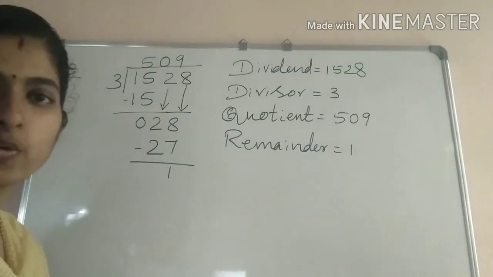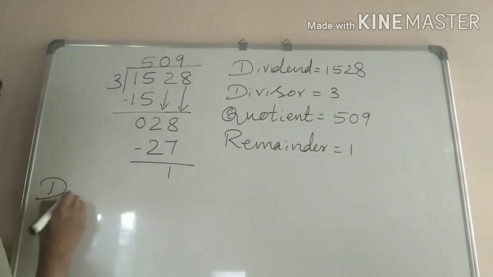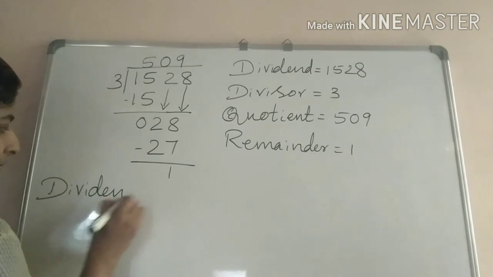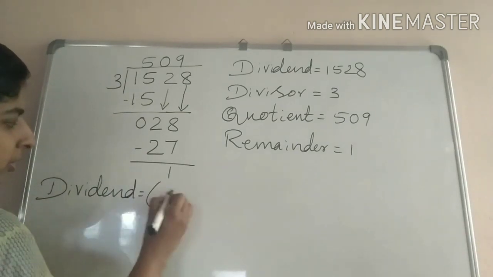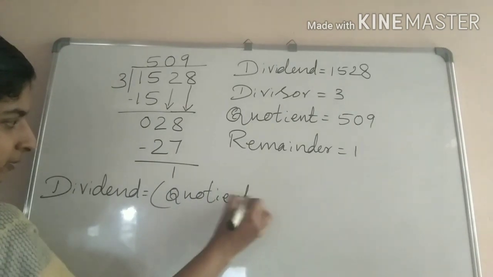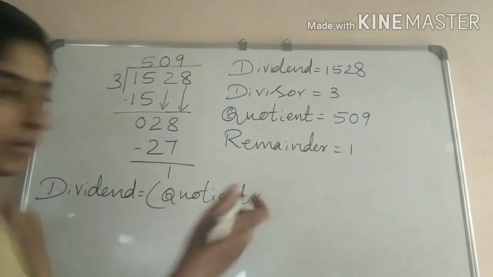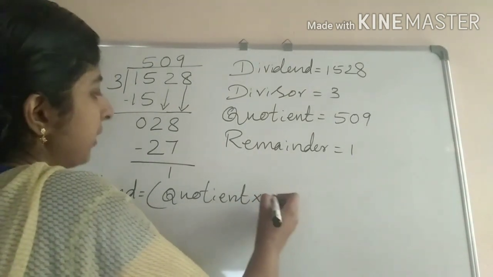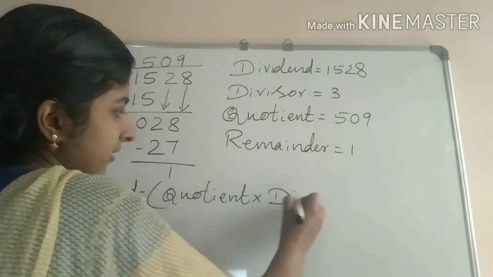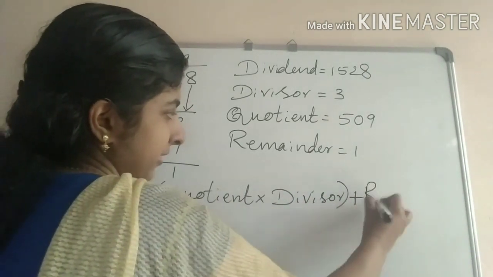How to verify? What is the formula? Yes, a dividend is equal to quotient into a divisor plus a remainder.